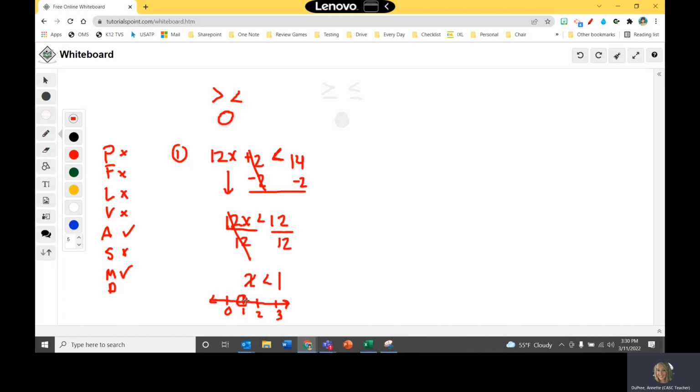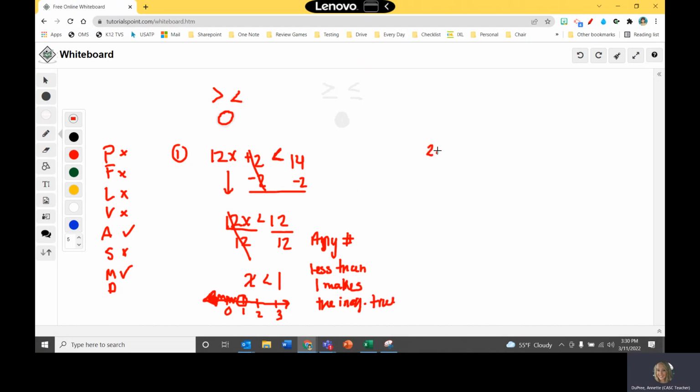So the solution to this inequality is all the values less than 1. So what this means is that 1 does not make the inequality true. Any number less than 1 makes the inequality true, not including 1. Okay, so that's how we're going to do our first example.